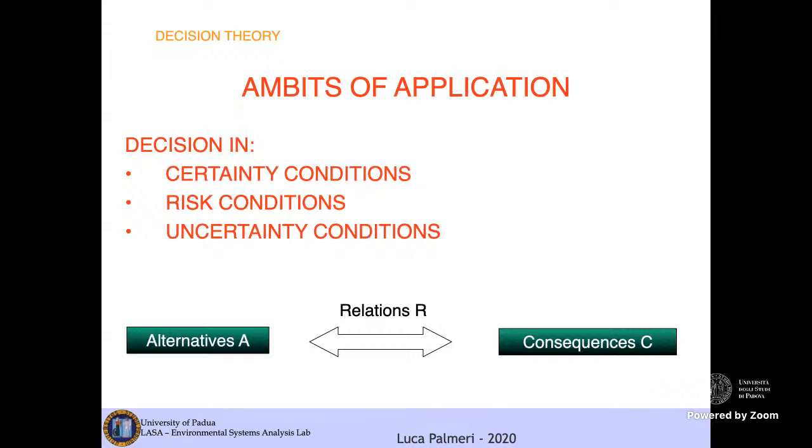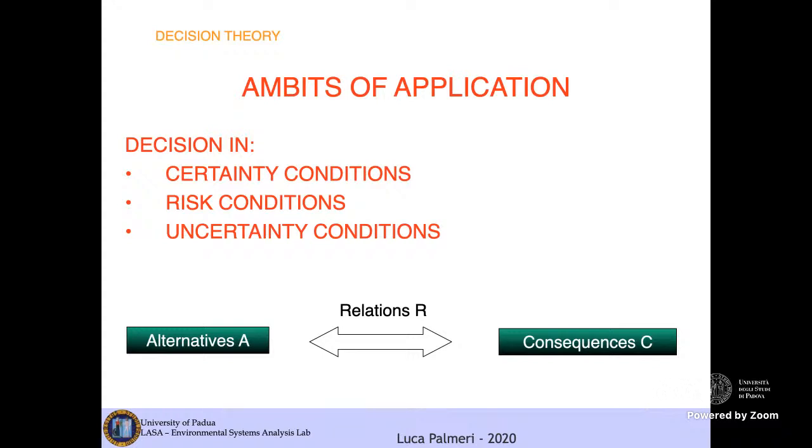Then there are the ambits of application of a decision. A decision maker may work in certainty conditions, in which we have transitiveness, and in which we do not have stochasticity or randomness and so on.